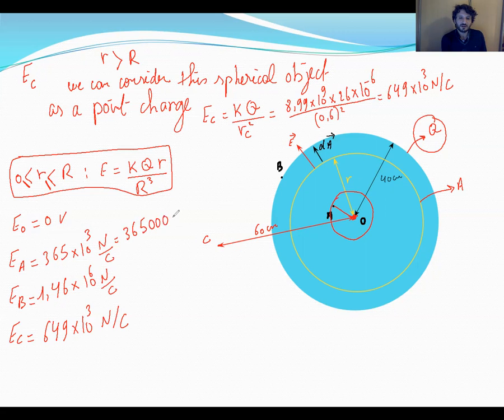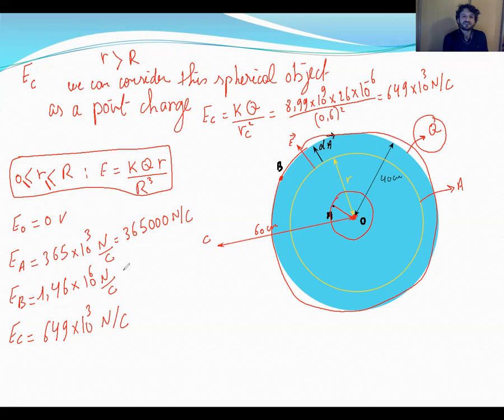So we have a value equal to 365,000 Newton per Coulomb. At the point B, all the charge Q will contribute to create an electric field.